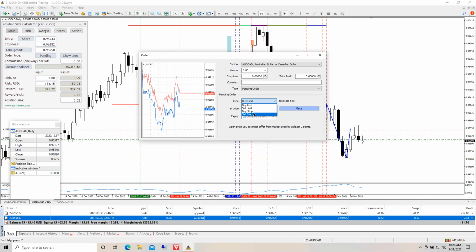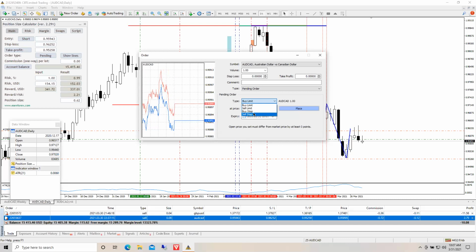So all you're doing is you're saying, look, I want to have a market execution order, but not at current price. Now, the way the market works is that you will only be able to get a worse price than where you're currently at. So if you are wanting to go long, you want to buy this market, then you will only be able to place a buy stop order at a less favorable price.